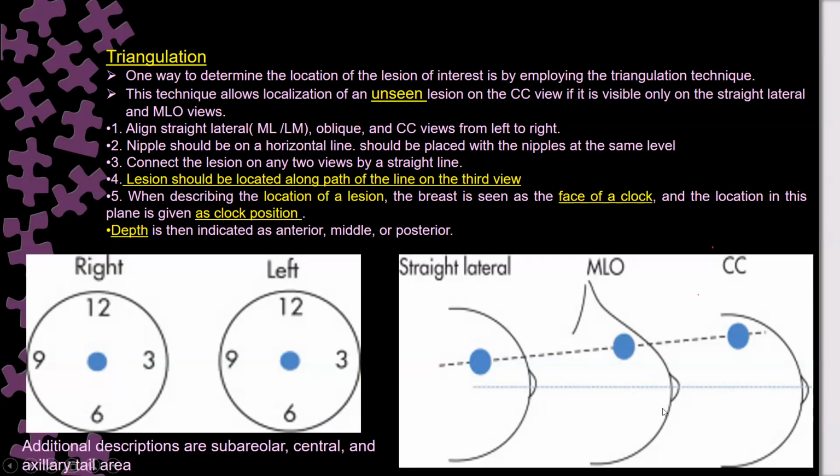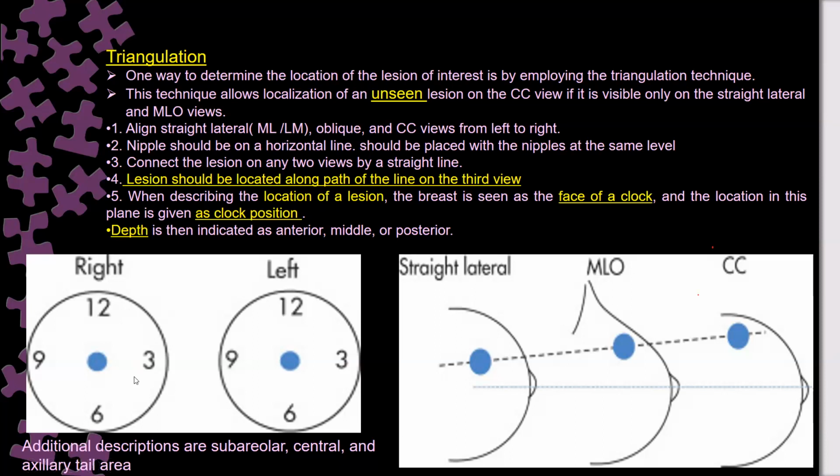And you will try to localize this lesion on the face of clock positions. When you see medial or lateral, you have to say upper medial, lower medial, medial 12 o'clock, medial 1 o'clock, 2 o'clock, 4 o'clock.